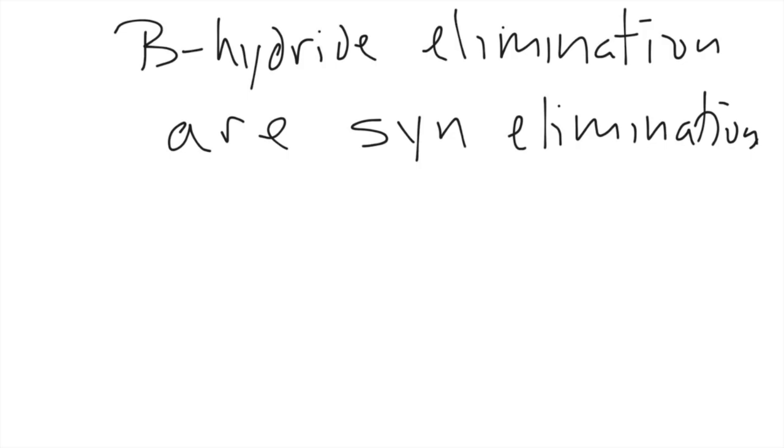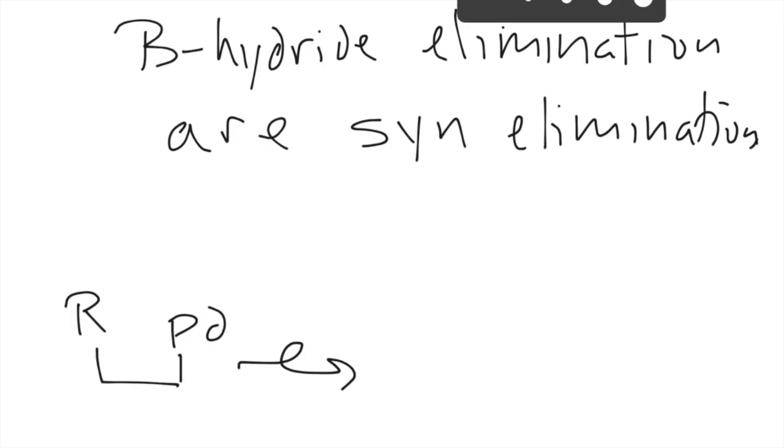Right? So if we have my crappy drawing that I had before, right now I have the R group and the palladium on the same side. What's shown at the bottom of that slide is I have to, let me use my patent pending arrow here, I have to use my curly Q and turn around this single bond so that one of these two hydrogens on this carbon, that is beta to the palladium, lines up.